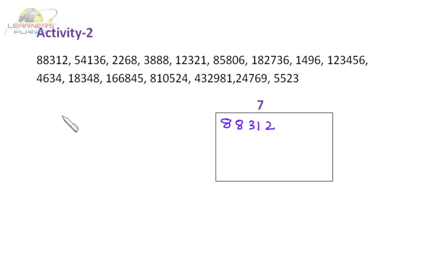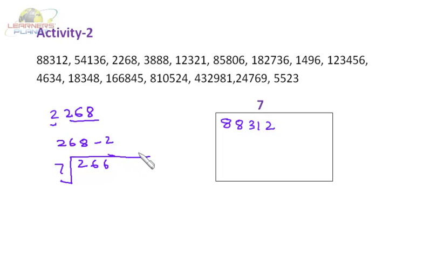It's 2268. Now 268 minus 2, it is 266. Now divide 266 by 7. 7 threes are 21, then 5 and 6.